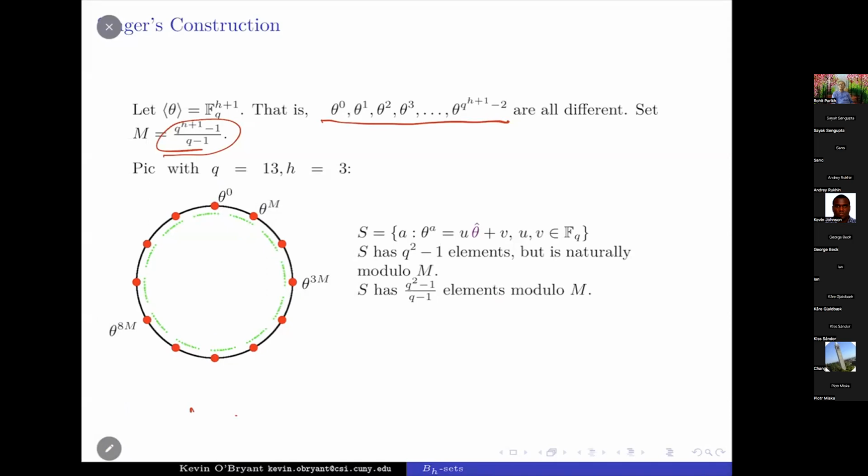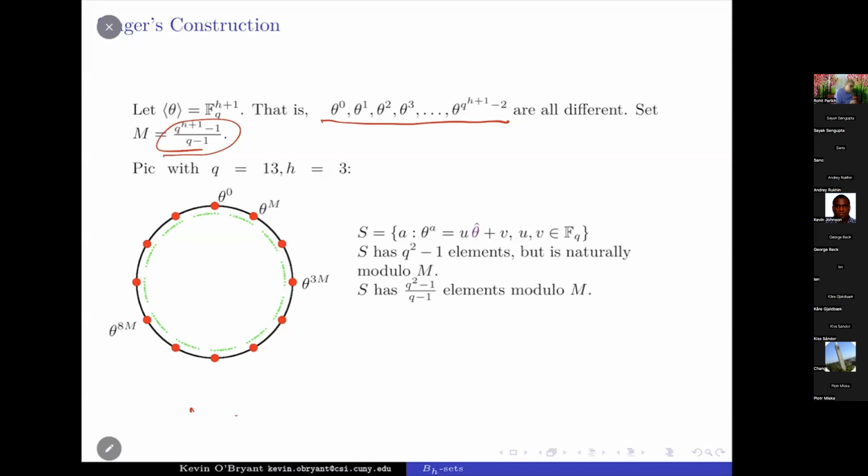Okay, so we set S. This is the magic set Singer will have, but we'll massage it a little bit before we get there. We let S be the exponents a where theta to the a equals u times theta hat plus v, where u and v are in the base field. Now I've made this theta here, I put a hat on it, and I made it a different color. Don't worry about that just now, it's the same theta.